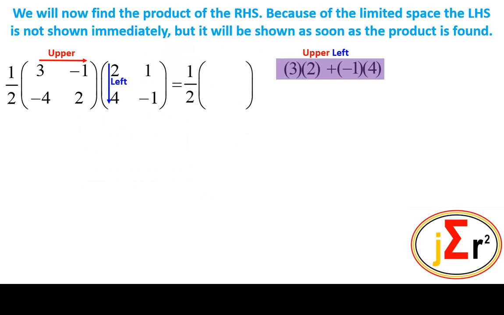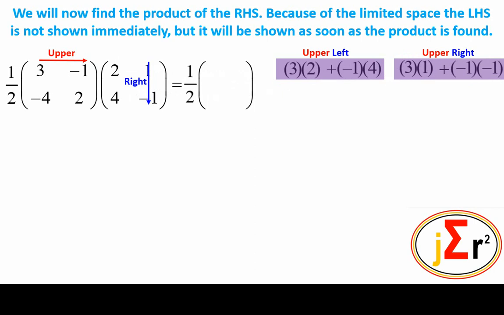We will maintain our position in that upper row, and we will move to the right column. The answer will go to the upper right. The first times the first, 3 times 1. The second times the second will be -1 times -1.